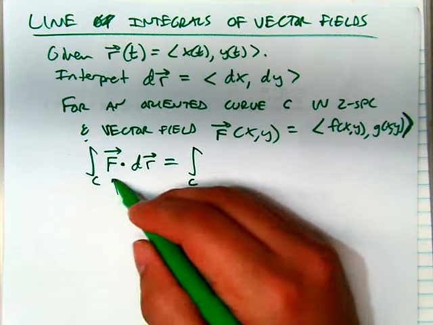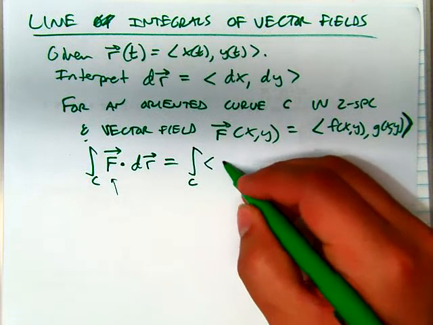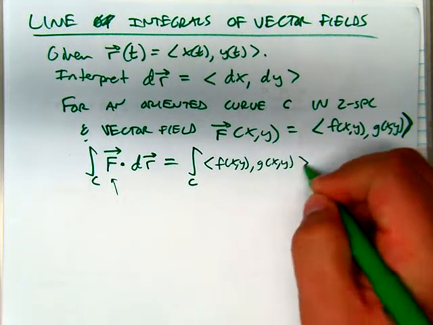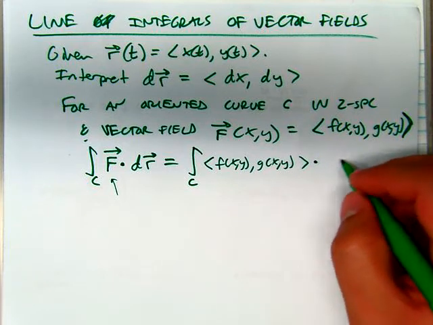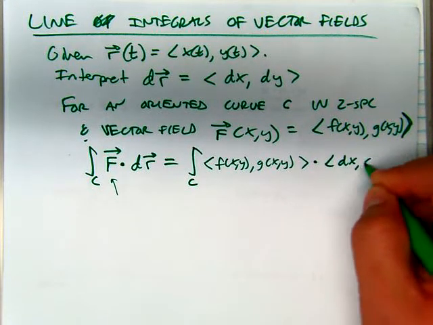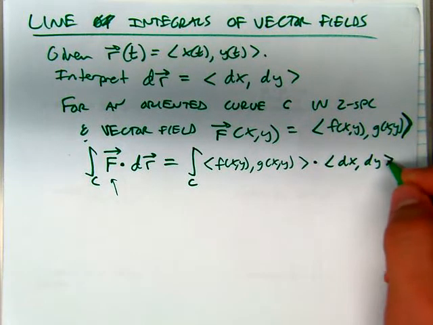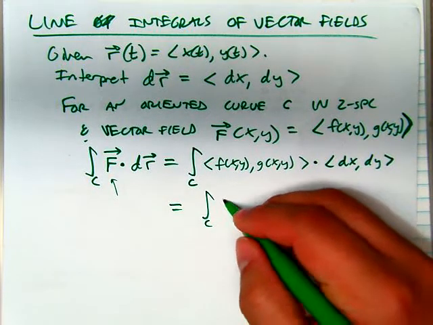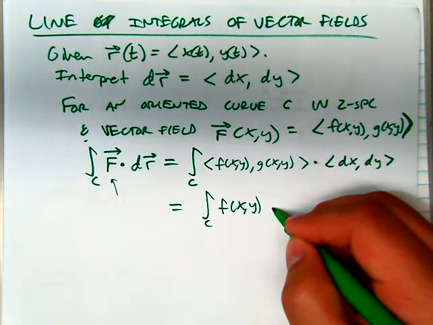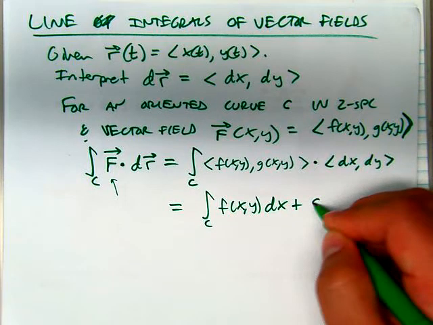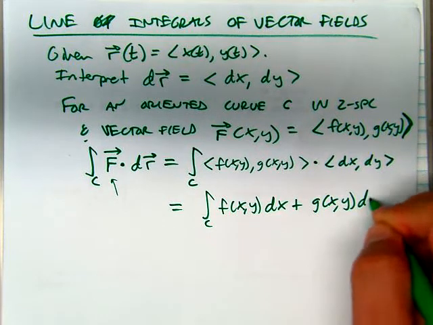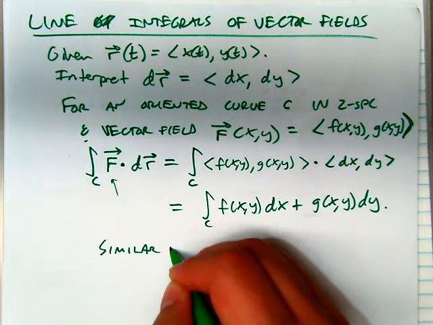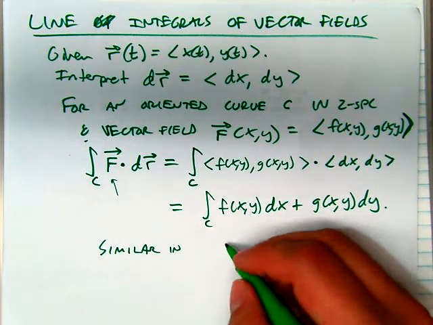We can take the literal interpretation, which is we plug in little f of x, y, g of x, y, and we take the dot product of that with dx comma dy, and then this is the same exact thing as f of x, y dx plus g of x, y dy. And the idea is similar in 3 space.